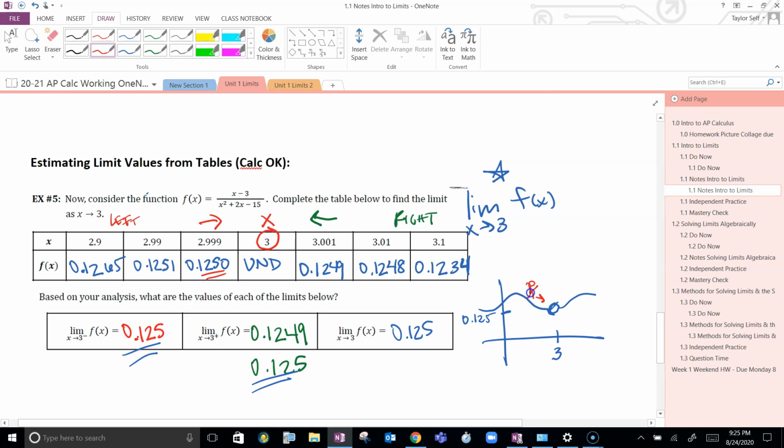We put ourselves on the line from the right and walked towards x equals 3. Sorry about my ugly stick figures. Then we realized that they come to the same height. They both meet in the middle at the same height of 0.125. So the limit does exist at x equals 3.